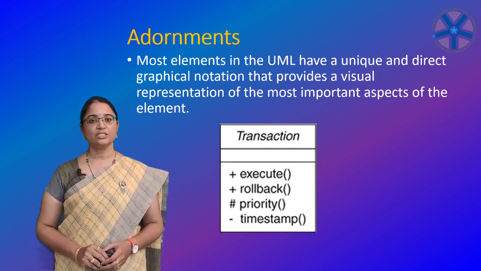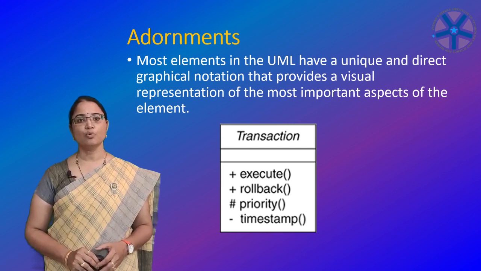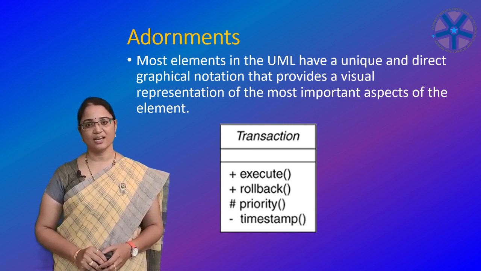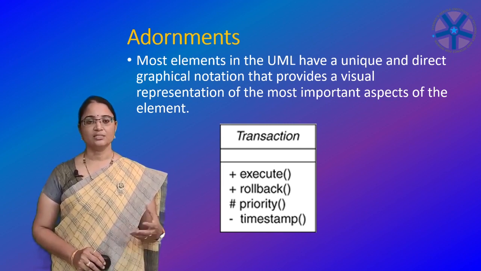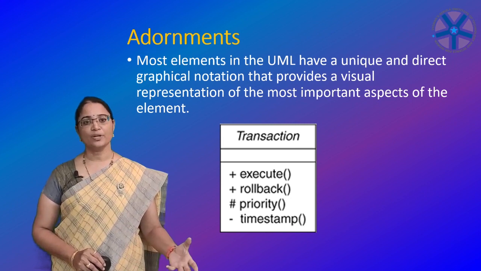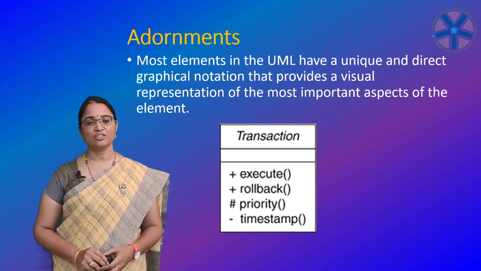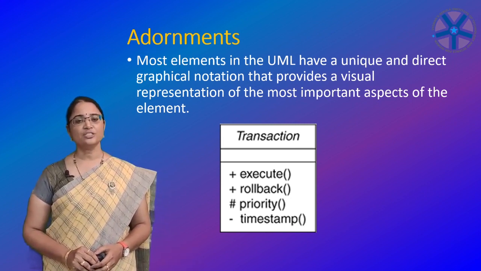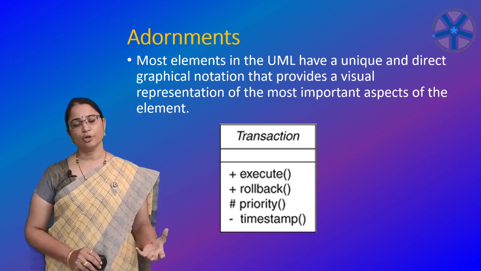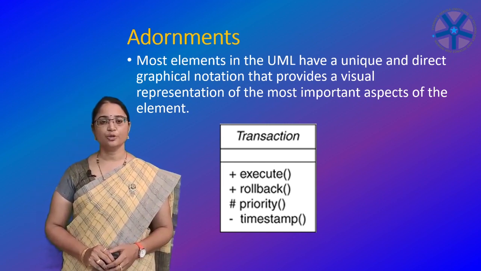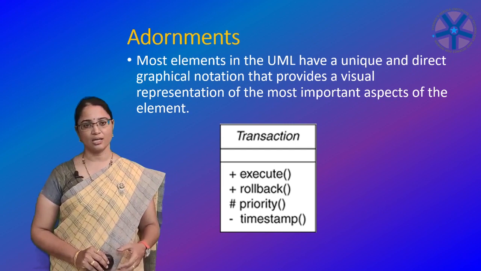The class notation also exposes the most important aspects of a class, namely its name, attributes and operations. Attributes are nothing but the properties of the class, operations are the actions performed on this particular class, and the name is the unique name used to identify the class.